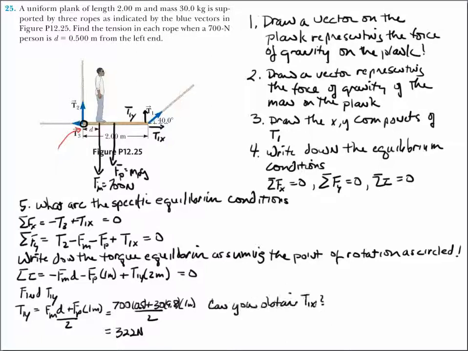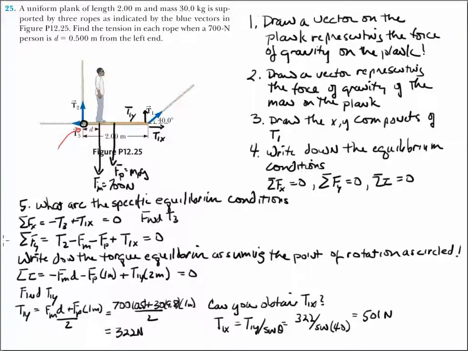Can you obtain T1x? If I know T1y and I know the angle at which the vector acts, can I get T1x? Yes, I can. It is simply T1y over sine theta. 322 over sine 40 is 501 newtons.